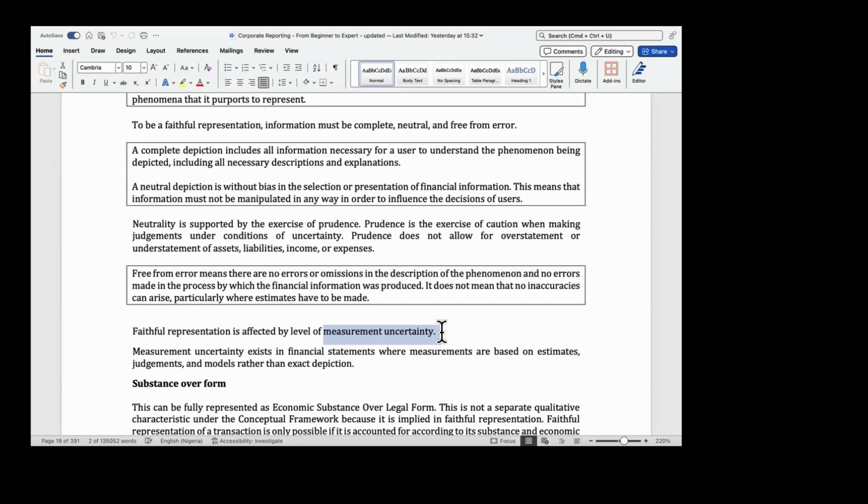You need to tell us that in these areas, you weren't sure and you estimated. In most comprehensive financial statements you see this, because it is a requirement of IAS 1. Measurement uncertainty can affect faithful representation, because the level of your estimates must not be too high. Don't make estimates with no basis; even if you are making an estimate, there should be a basis for it. If your measurement uncertainty level is high, your financial statement will not be useful because it will affect faithful representation.